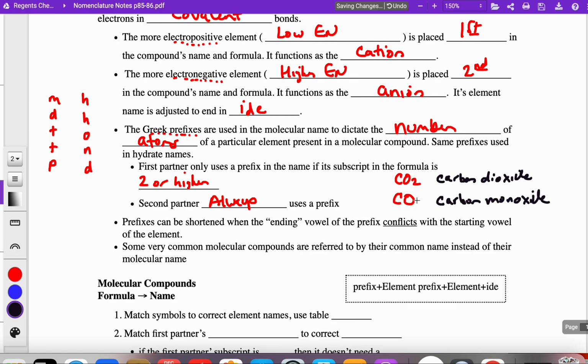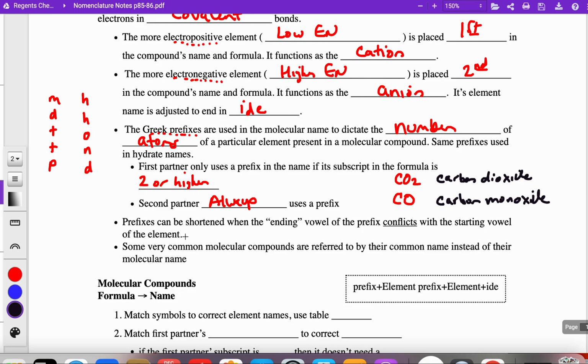So even though oxygen's subscript is 1 in carbon monoxide, it still uses a prefix. So the second partner will always use a prefix. If you can think about how to go between CO2 and carbon dioxide and CO and carbon monoxide, you have a really good handle on this already.